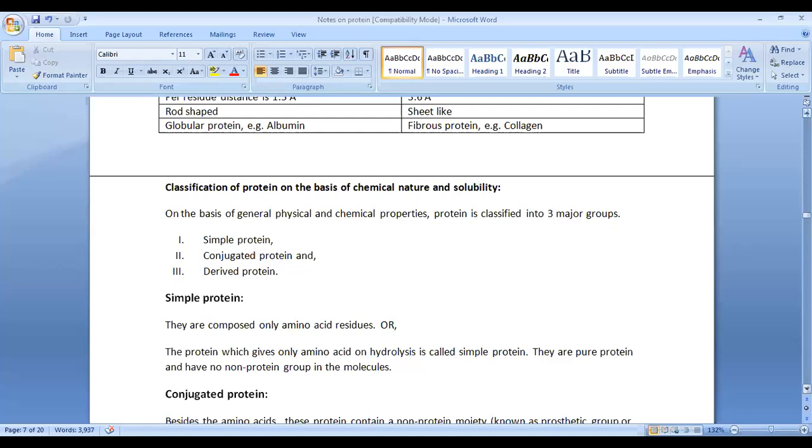What do you think? Both are protein, not peptide, because their weight is still more than 5,000. When the weight is more than 5,000, they are still protein. This is known as derived protein. So these are the three types of protein: simple protein, conjugated protein, and derived protein.